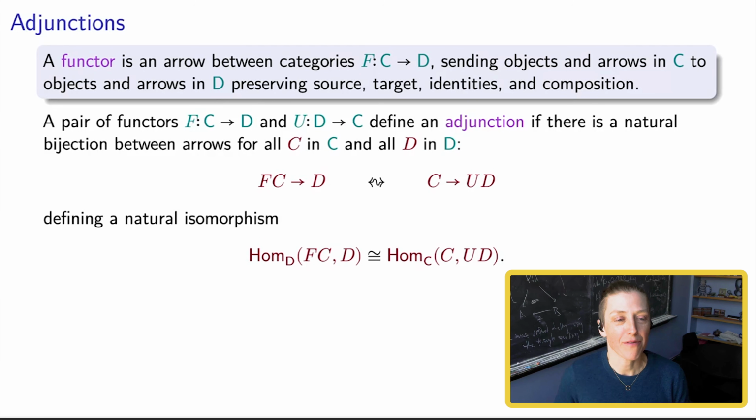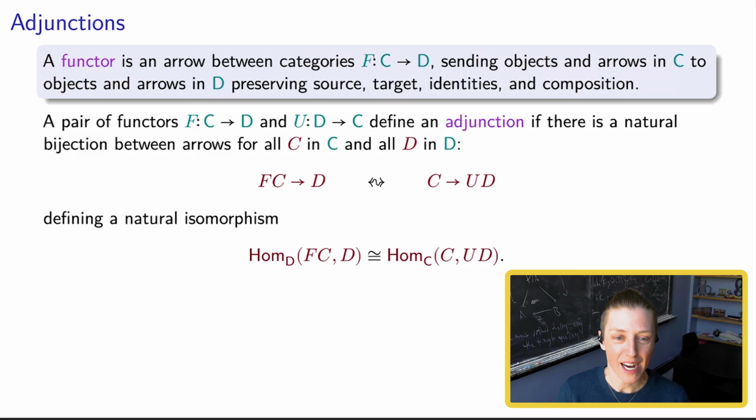And if I have a pair of functors, one of which goes from C to D, and the other of which goes from D to C, then this pair of functors defines what's called an adjunction, if there is one of these natural bijections between arrows of the following form.